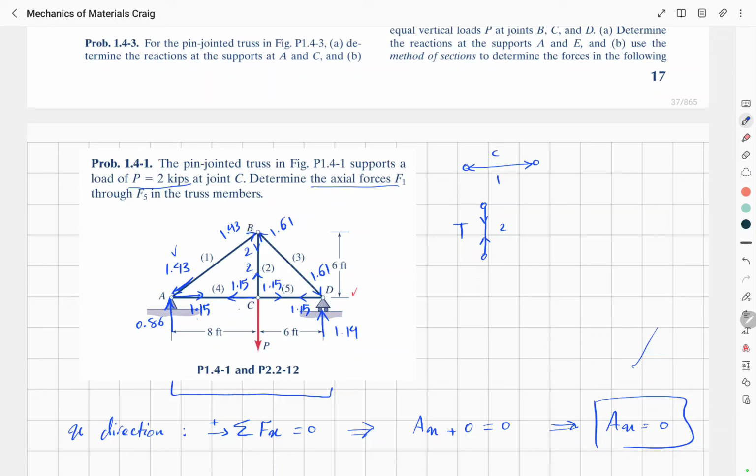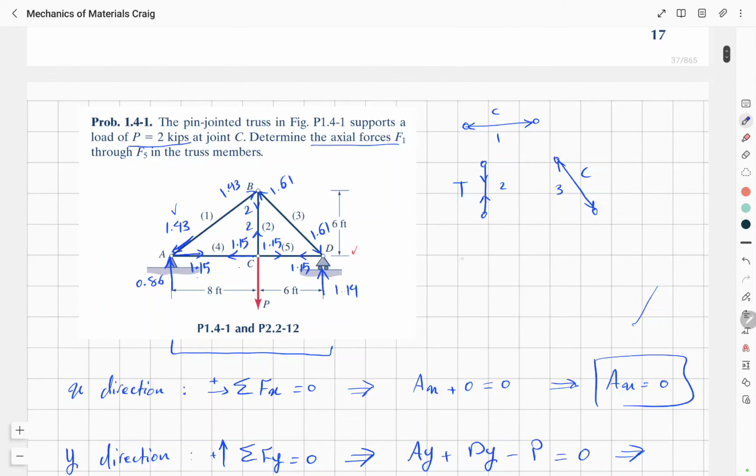For member 3, similar to member 1, the forces are coming into the joints, so the member is in compression. Member 4 and member 5 are the same, so coming out. This is member 4, so this is in tension. Member 5 also in tension.